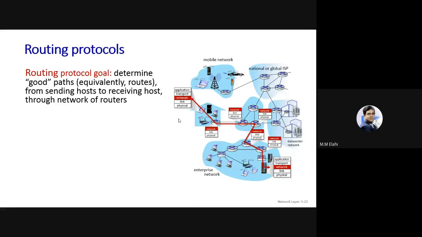Now, in any case, routers need routing protocols. Why? To determine good paths in terms of less time or less distance from source to destination. Any routing protocol has the same goal. I think you have already implemented the dynamic routing protocol RIP in your network lab, but in the theory we will do some hands-on.